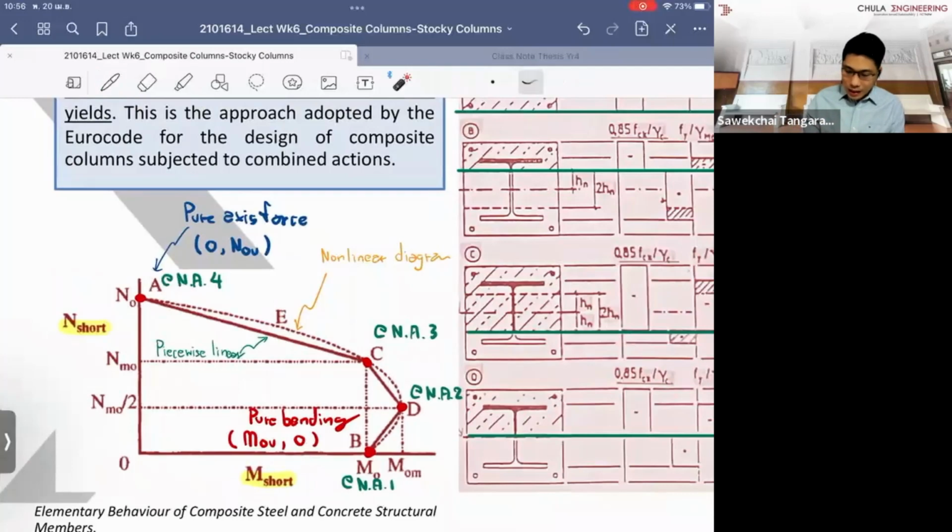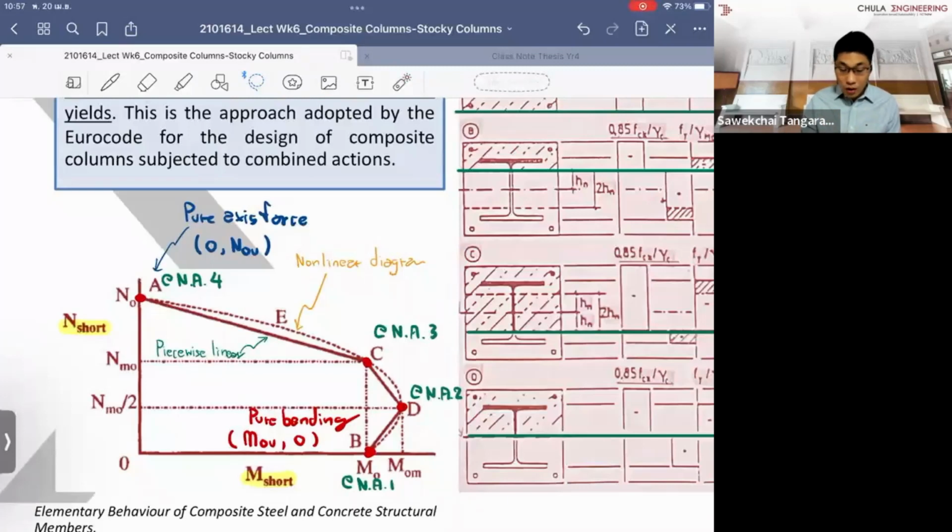The code says that you can just take only 4 points and check it, right? You don't need to get the full nonlinear diagram. What I ask you is this: I will upload assignment number 2, possibly on Friday. I already wrote it up. The problem asks about the design of the column, which is the section and the member design, but this week we talk about the section design first.